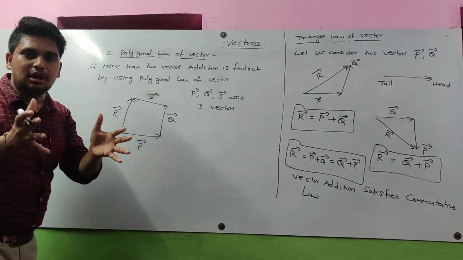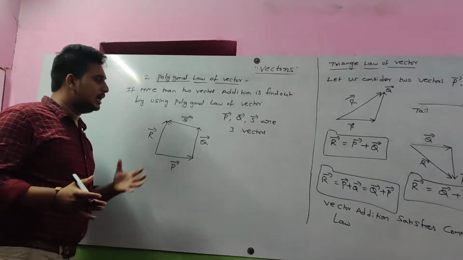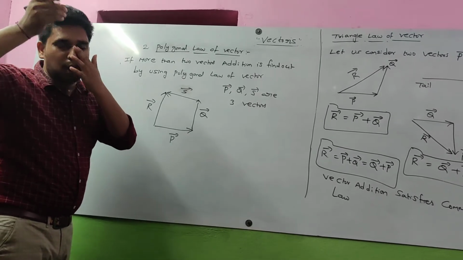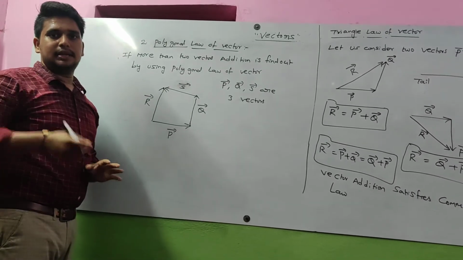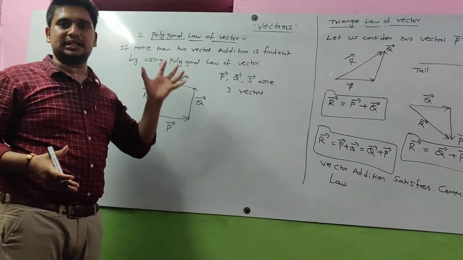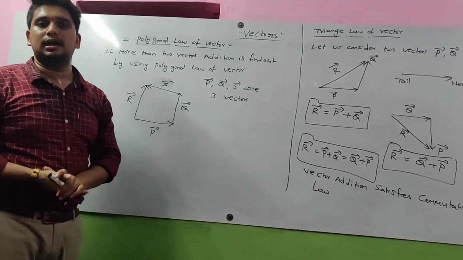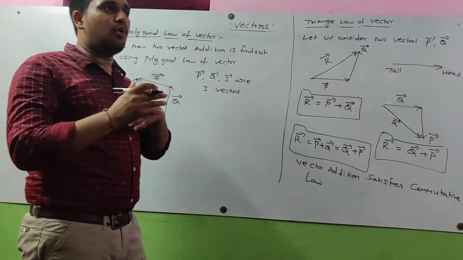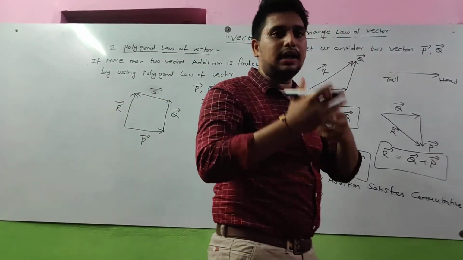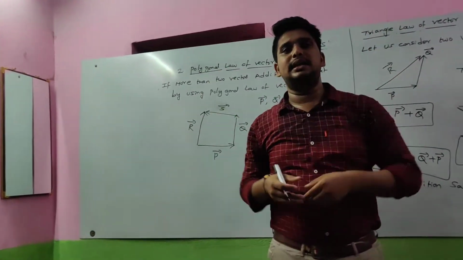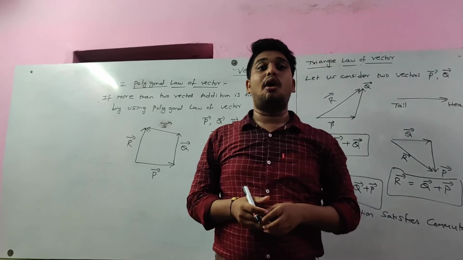So what is the addition of this P bar, Q bar and S bar? That must equal the closed side of the polygon. The closed side is equal to the addition of these three vectors according to the polygon law of vector. When we represent more than two vectors in a polygonal shape, the closed part represents the addition of all remaining vectors.